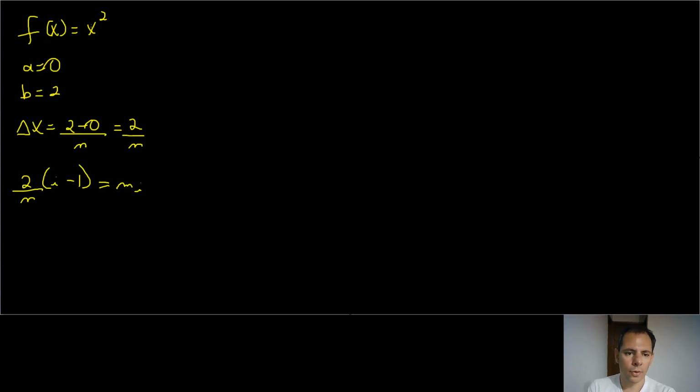Now, what is the function? It's x squared. So we have to get this thing here and square it. So the formula, I'm going to put it over here. It's going to be 2 times I minus 1 divided by n, squared.